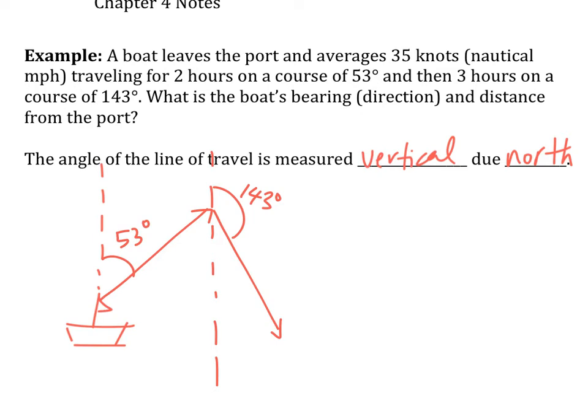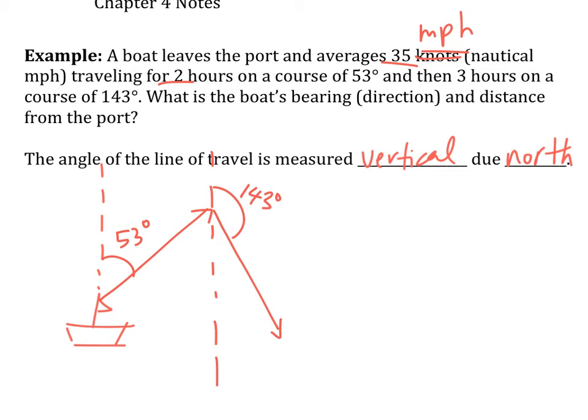So let's look at this question first. It traveled at an average speed of 35 knots for 2 hours. How far is the boat from the port after 2 hours? 70 miles, yeah. Instead of thinking knots, just think miles per hour.